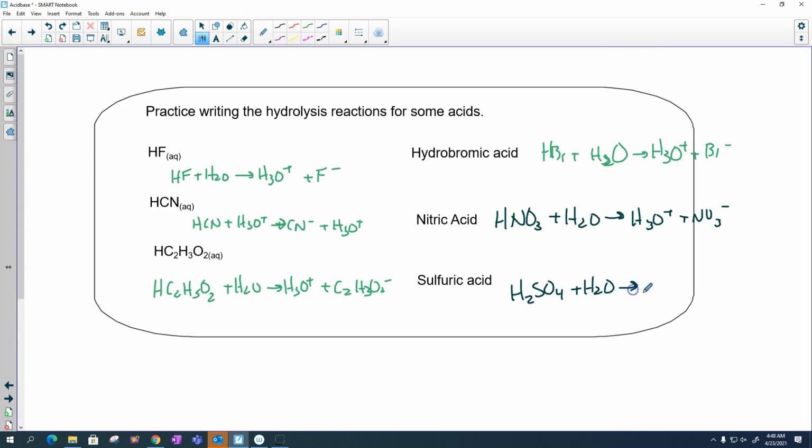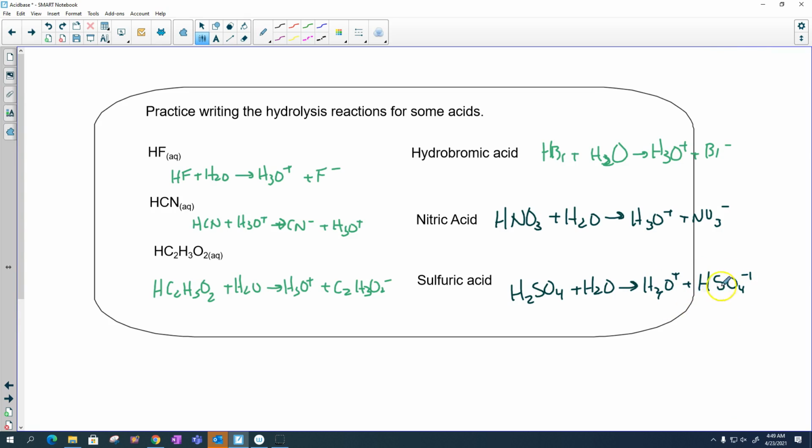Depending on the situation, it can give one H or it can give two H's. But water can only take one of them, so I'm supposed to do one first. That would be plus H2O yields H3O plus and HSO4 minus. That's the most common reaction.